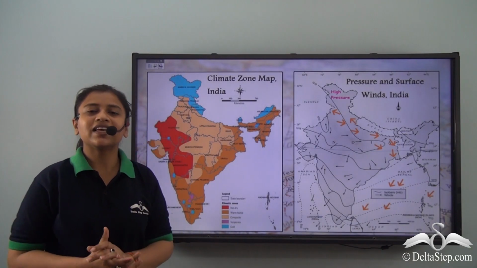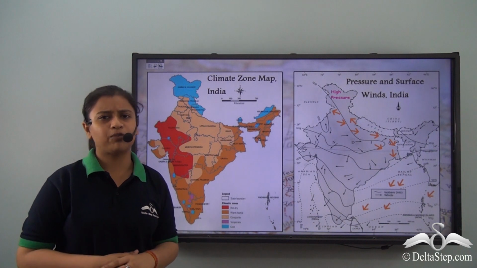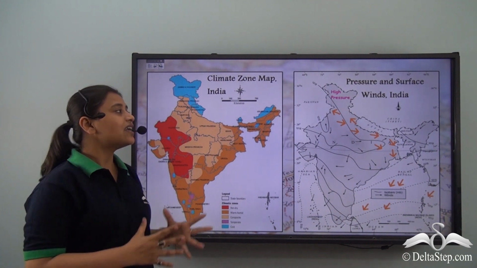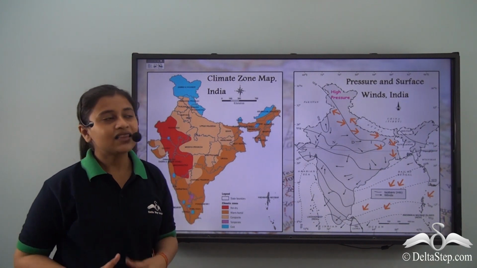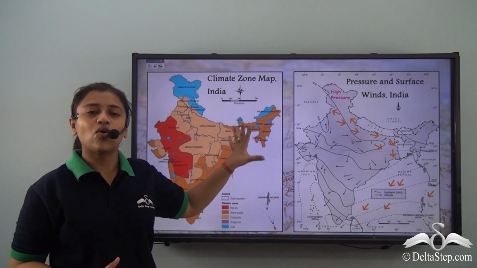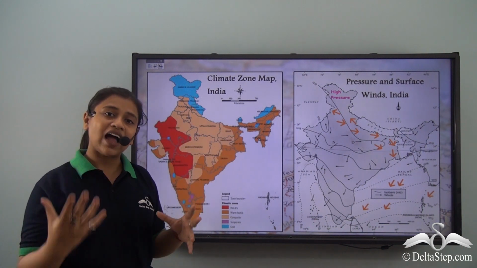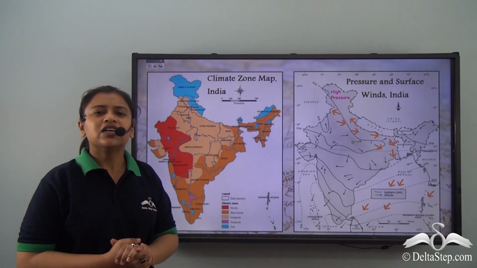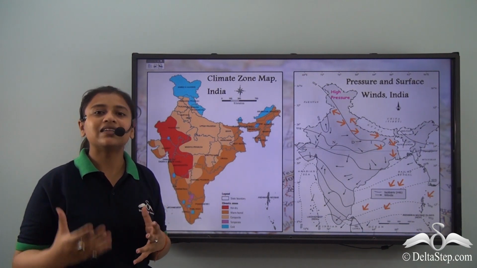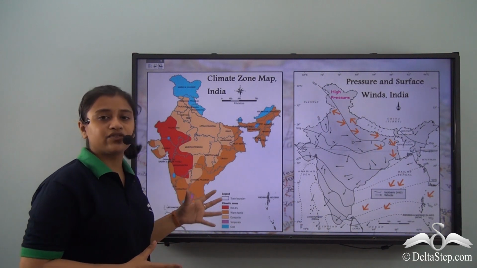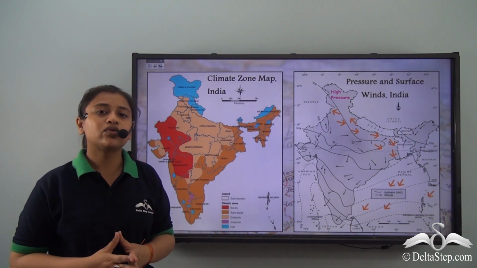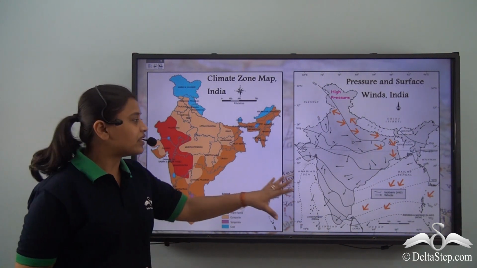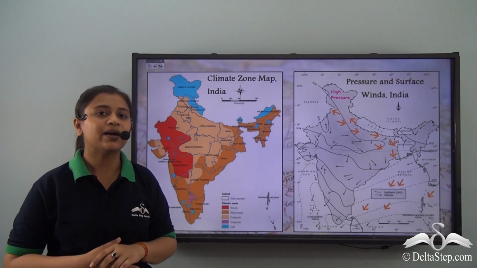So why do you think these two maps here are important? Well, these are important to understand the different climatic zones of India and the factors that affect these climatic zones, right? So for a person who wants to study these factors or the climate of India, or for a person who does weather forecasting, these two maps can be very, very important.